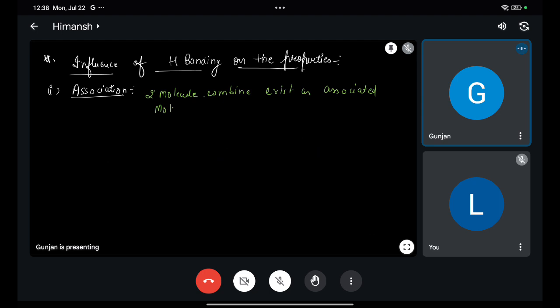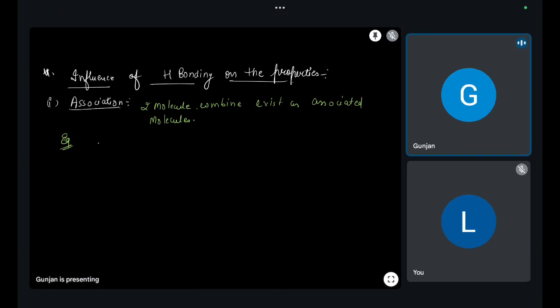Correct, no, Himansh? Yes, ma'am. For example, carboxylic acid, RCOOH.